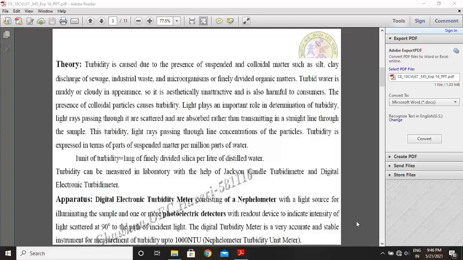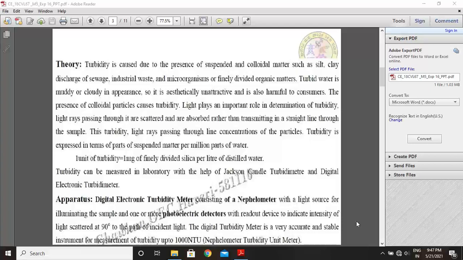Turbidity is expressed in terms of parts of suspended matter per million parts of water. 1 unit of turbidity is equal to 1 milligram of finely divided silica per liter of distilled water. Turbidity can be measured in the laboratory with the help of the Jackson candle turbidity meter and digital electronic turbidity meters. So these are the explanations about the basic concept of turbidity.